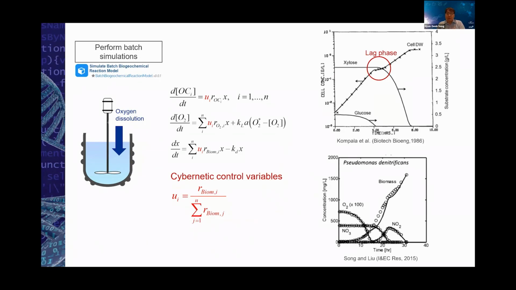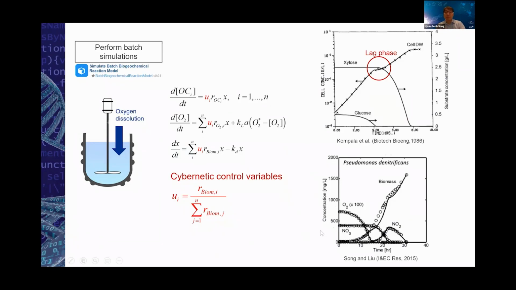I mean, we can add the kinetic inhibition term there, but suppose that your sample contains thousands of carbon and nitrogen compounds, we don't know how they inhibit each other. Therefore, the main goal of the cybernetic model is using cybernetic control variables to account for them automatically.